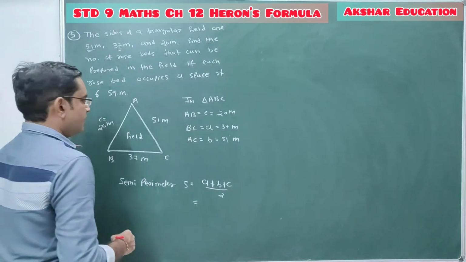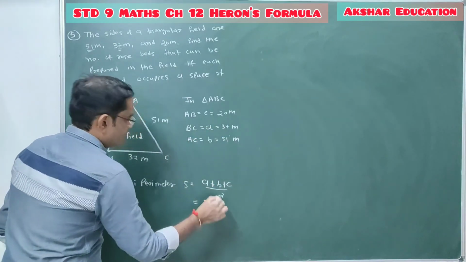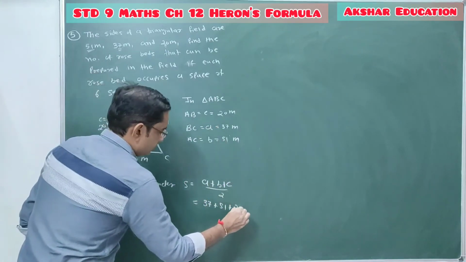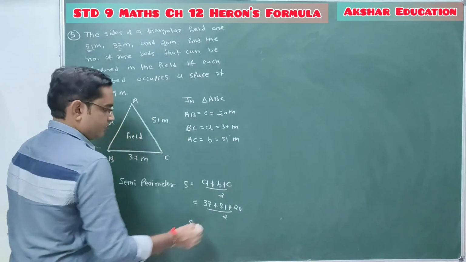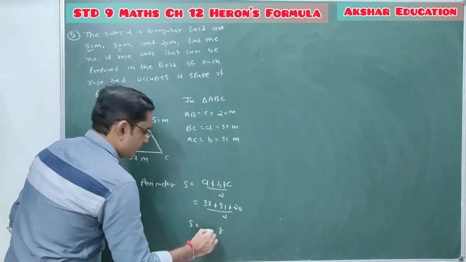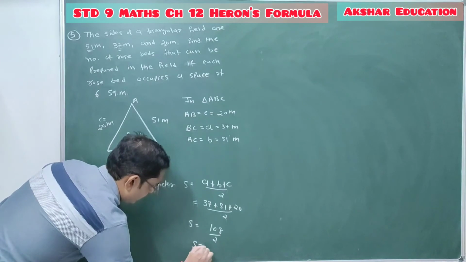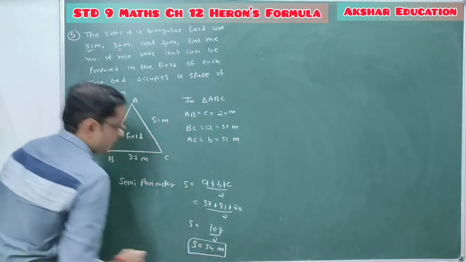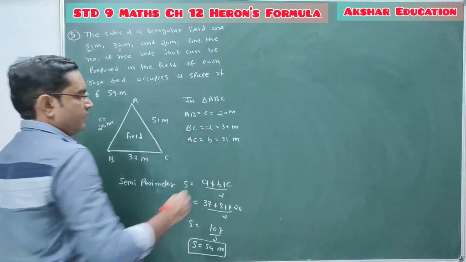So a 37 plus b 51 plus c, which is 20, by 2. So 7 plus 1 is 8, 3 plus 5 is 8, plus 2 is 10, divided by 2. So the value of the semi-perimeter is 54 meter. Since the semi-perimeter and small a, b, c are there, we can find the area of the field.